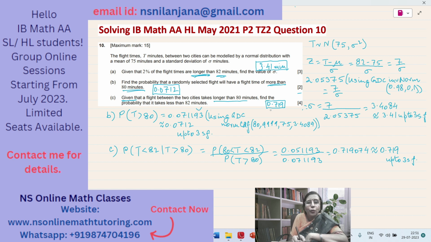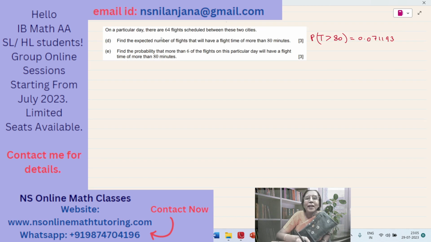Okay, so we have completed solving the first 3 subparts of this question number 10. Let me bring in the remaining subparts. On a particular day, there are 64 flights scheduled between these two cities. Subpart D says find the expected number of flights that will have a flight time of more than 80 minutes.